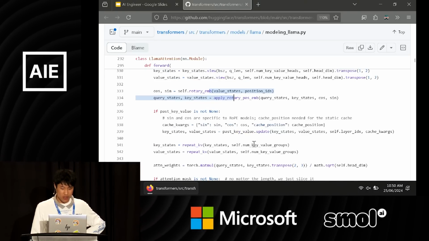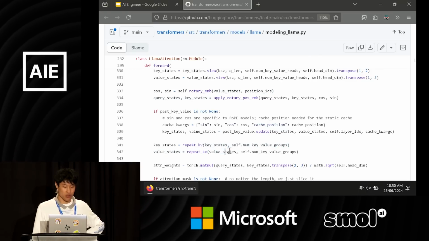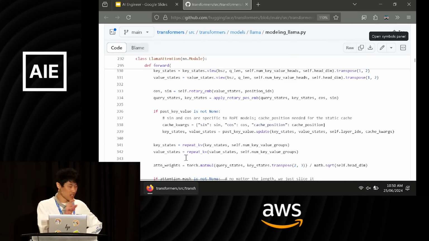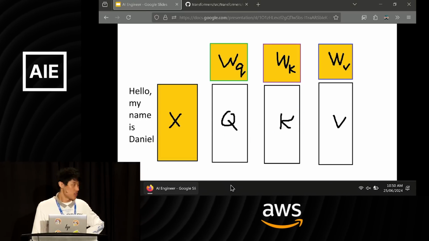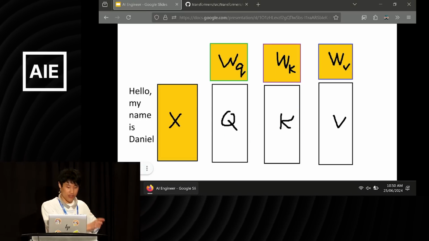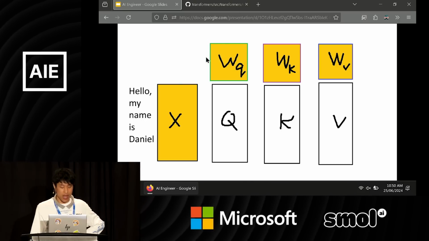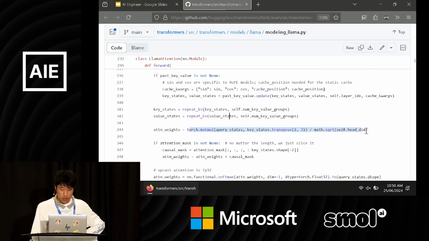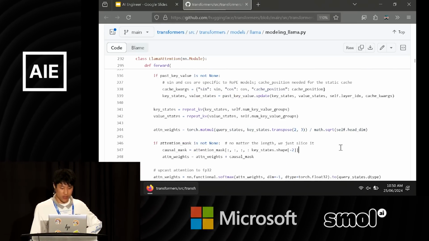And then QK, that's repeat KV. Repeat KV is the trick that I said to make inference faster by repeating. If you go back here, for the K and the V, you only train small slivers and you repeat them 4 times. And it does not reduce accuracy that badly. That's the repeat KV. This is the QK transpose, torch matmul, QK transpose.